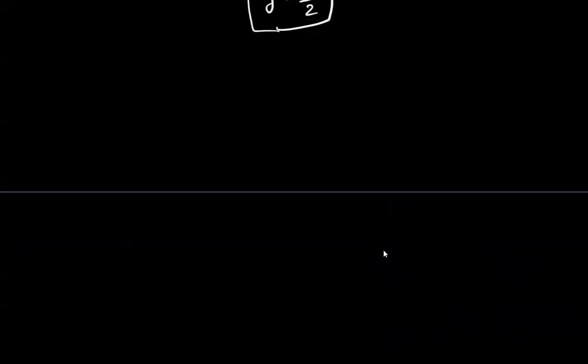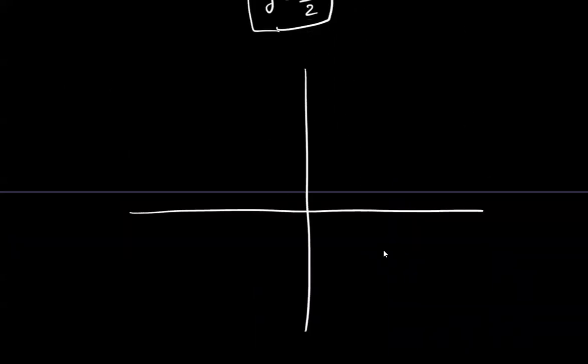Now, based on all of this, let's see how our graph is going to look. I do have an asymptote at x equals -1, so label it like this. I have another asymptote at x equals 0. Label that like that. I have a horizontal asymptote at y equals 1/2.